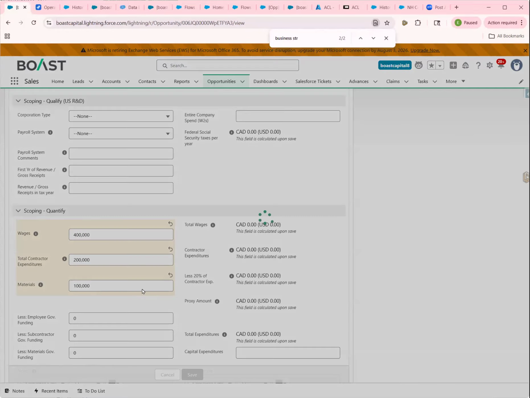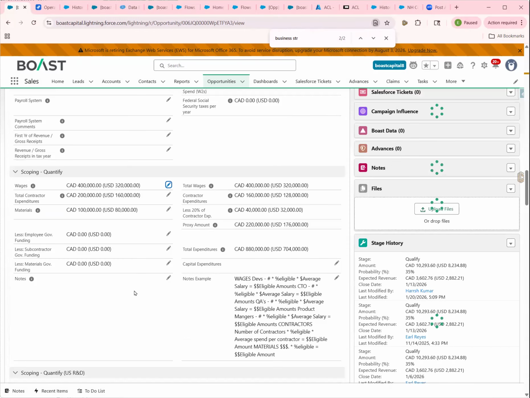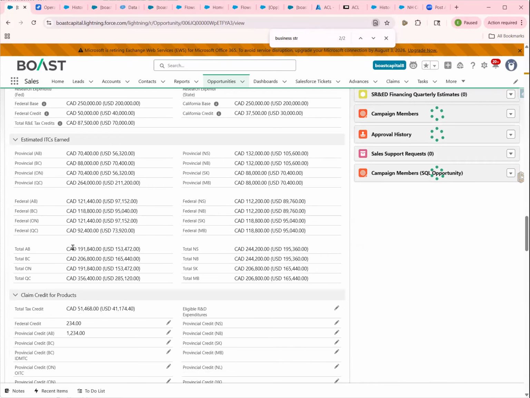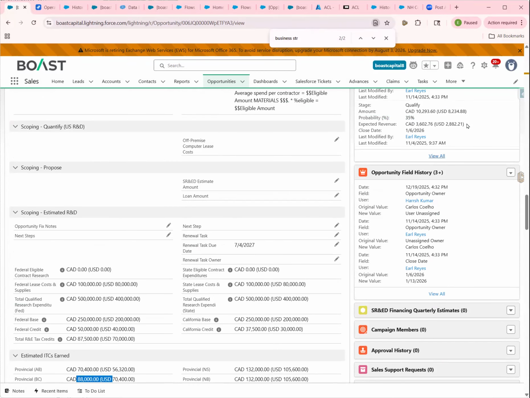In theory, you would copy and paste. Now that that's calculated, your federal component for Alberta is this, and your provincial component is this, and then you would create the line items based on those numbers.